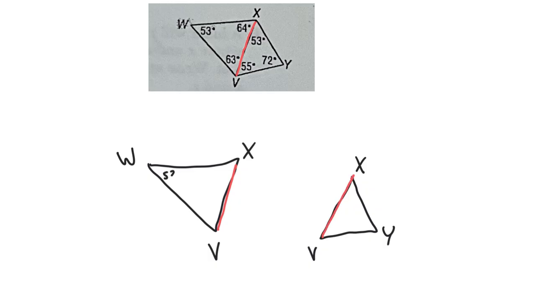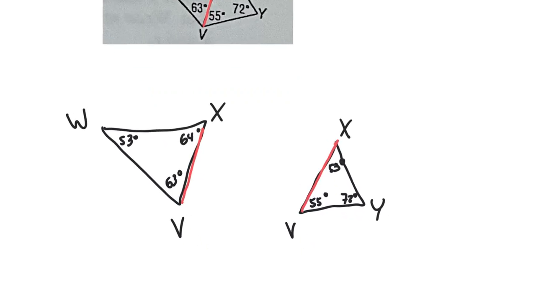Now, we can label these, of course, and we're just going to use something like common sense. This red shared side is the longest side of this triangle, right?